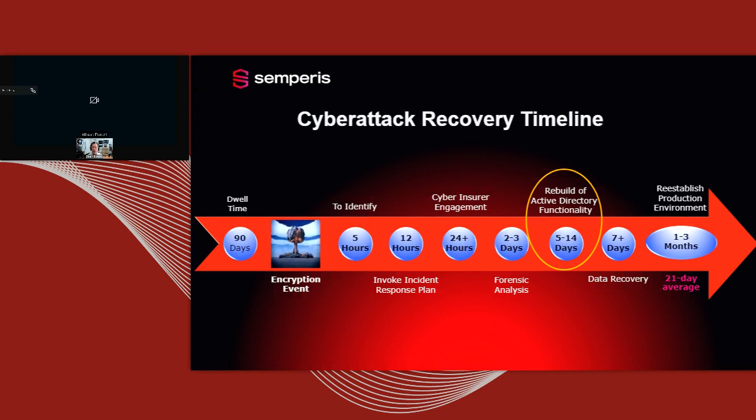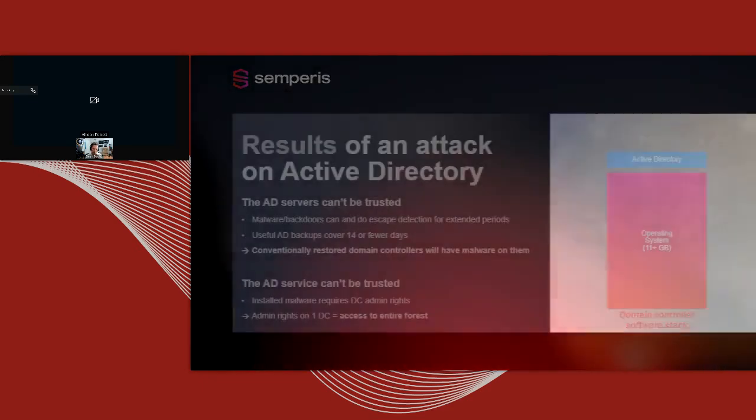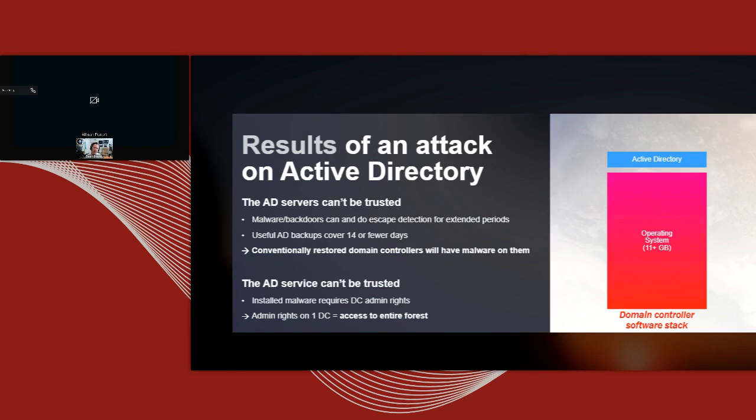So that means out of a 21-day average that your systems are down, fully two-thirds of that time can be taken up just recovering Active Directory. That's a really huge step. And you can see, why does it take AD so long versus all of the other ones? Well, the way I characterize it is the result of an attack on Active Directory falls into two categories. The first is that the servers themselves can't be trusted because they almost certainly have malware on them.